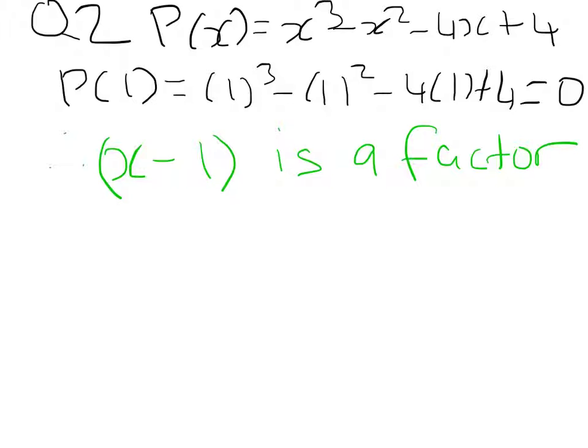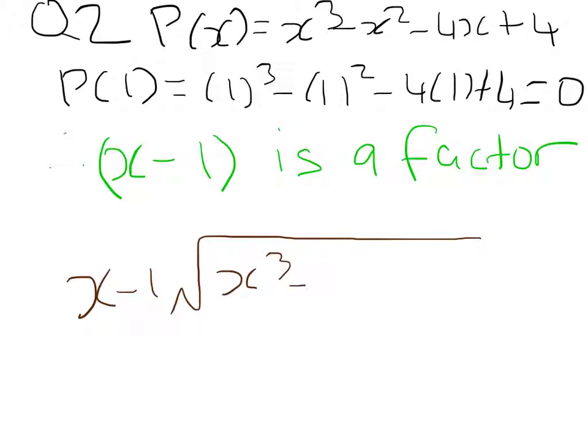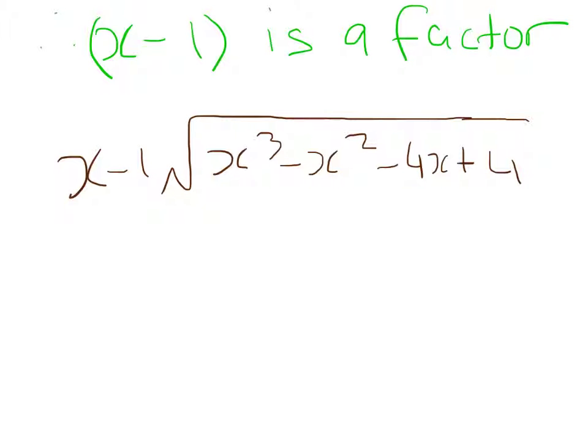Now, to find the other factor, we have to divide p of x by the first factor using long division. So it will be x minus 1 divided into x cubed minus x squared minus 4x plus 4. Now we have to multiply something by x in order to get x cubed.